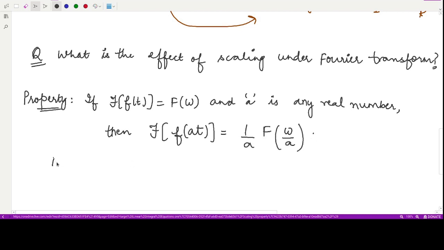And in a similar manner, we can also define this property in the reverse direction.